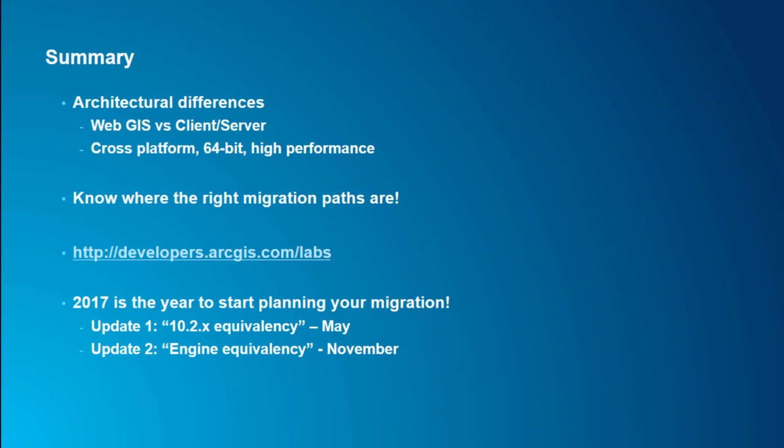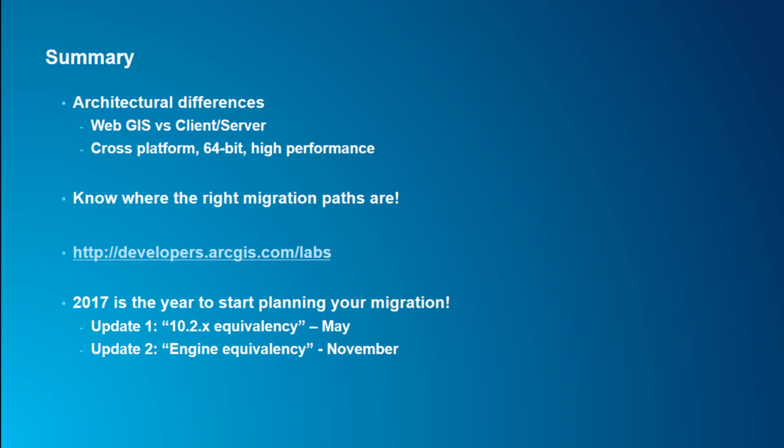So just to summarize, and I know we're 2 minutes over, we went through the architectural differences between the products, but the benefits of using the ArcGIS Runtime current version 100 to take advantage of the WebGIS model and all of the things that you've seen at the plenary to continue forth taking advantage of a lot of those things you'll find in 100. Know where the right migration paths are for you.